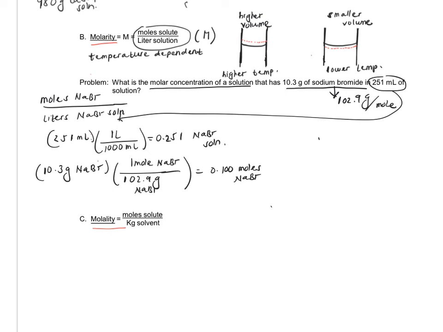So we have 0.100 moles of sodium bromide over 0.251 liters. The molarity ends up being 0.398.